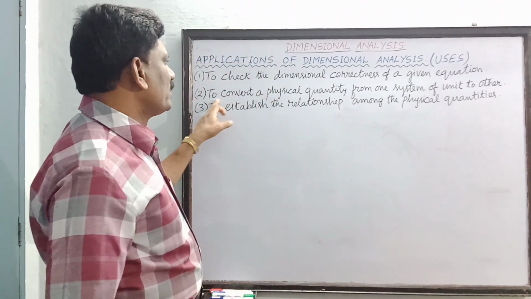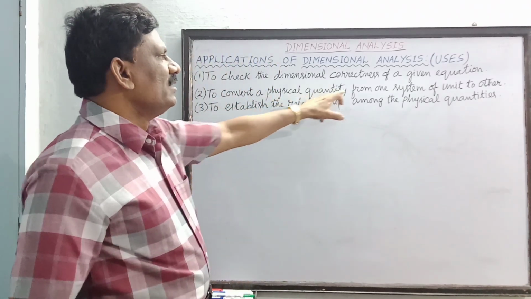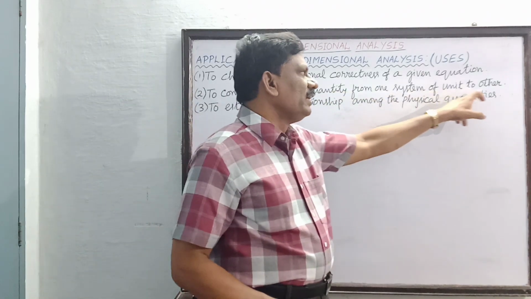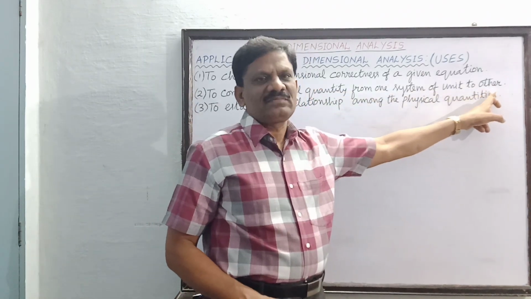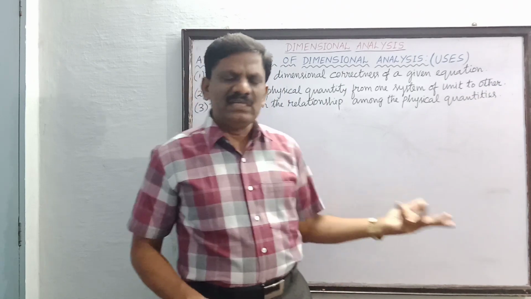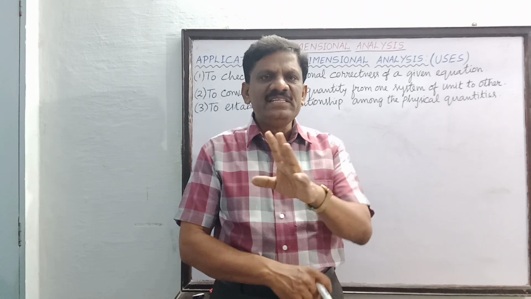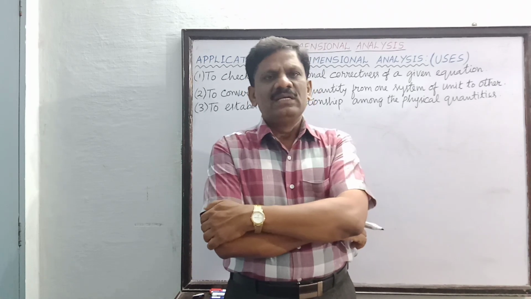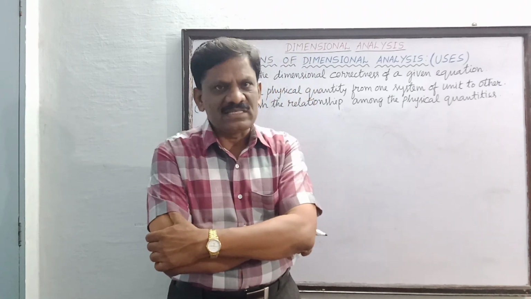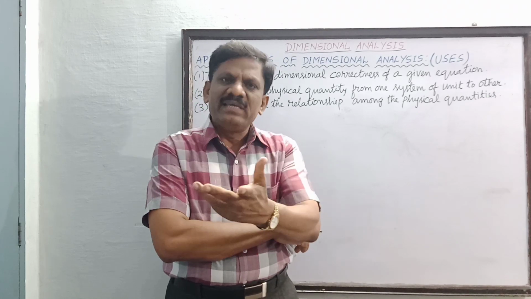Second, to convert a physical quantity from one system of units to another system. In earlier days there were different systems of units, such as the CGS system, the FPS system, and the MKS system.